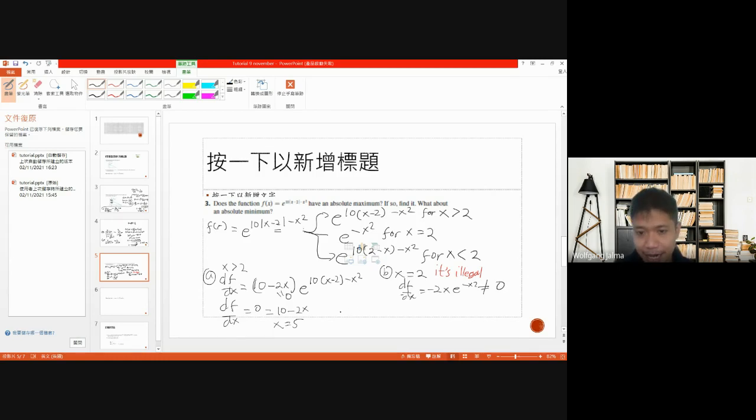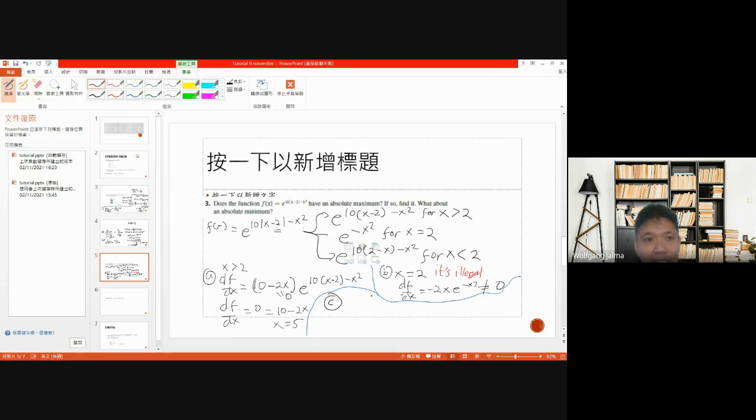And the c part. Why does c become something like this?